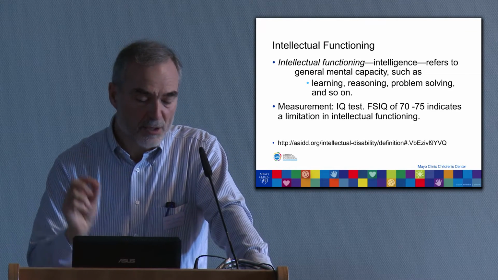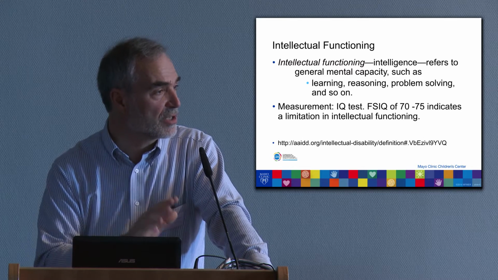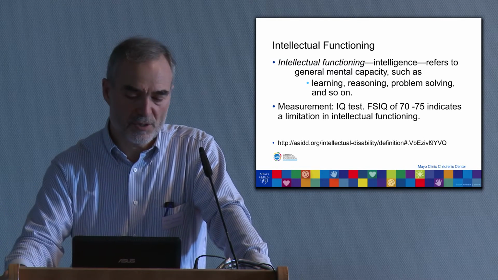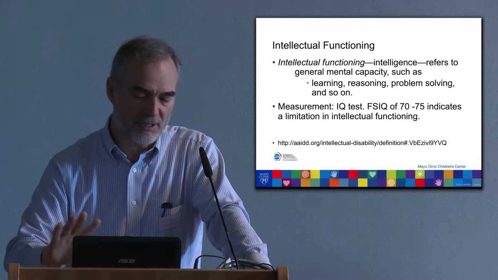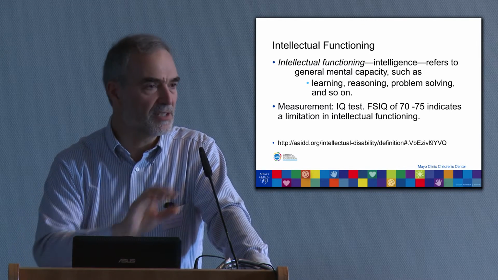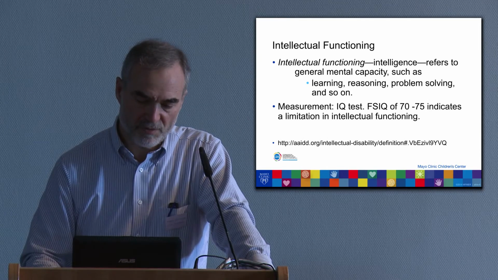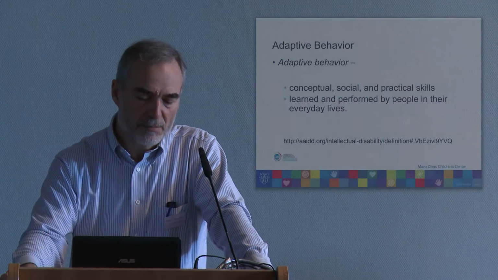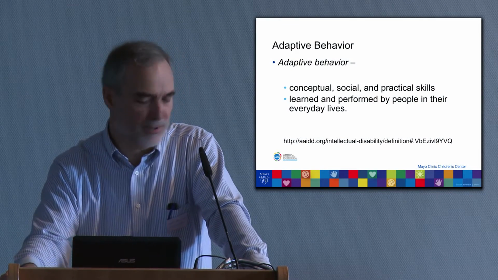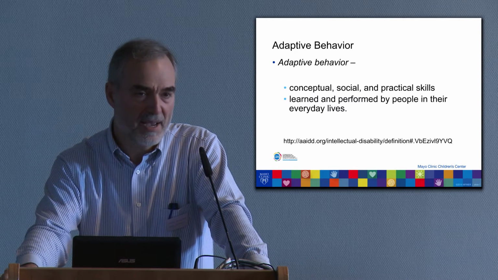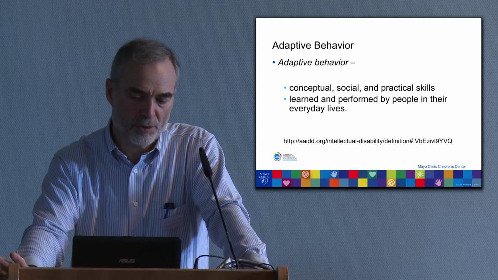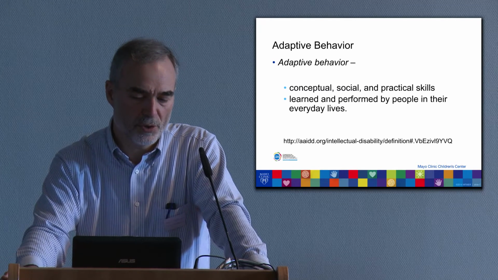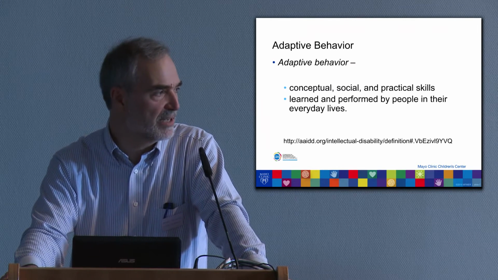So with all of those caveats, if you use a standard test such as the WISC in children, if you have a full-scale intelligence quotient of 70 to 75, that indicates that there are some problems with intellectual functioning. But you also want to know how well people can adapt to these limitations. And again, adaptive behavior is defined as conceptual, social, and practical skills that are learned and performed by people in their everyday lives.